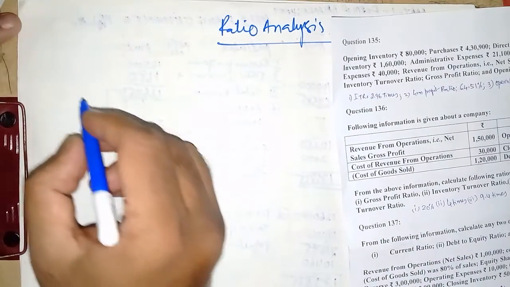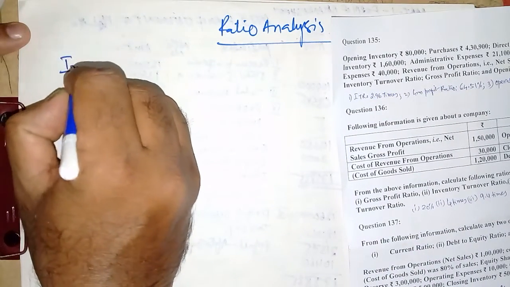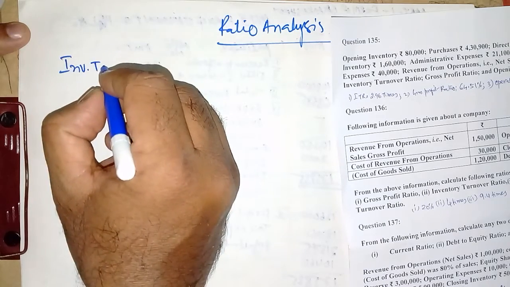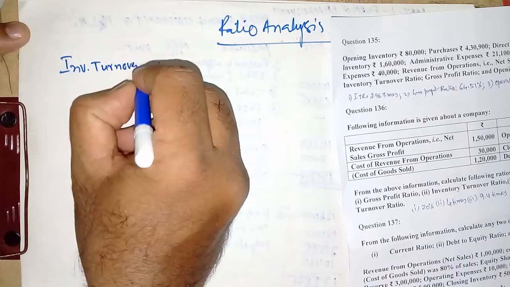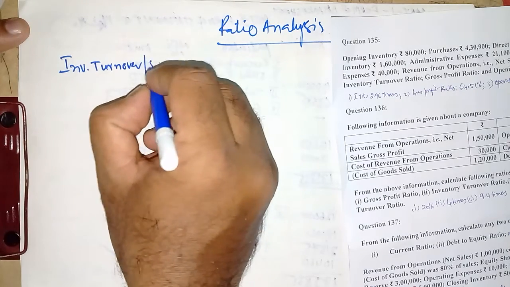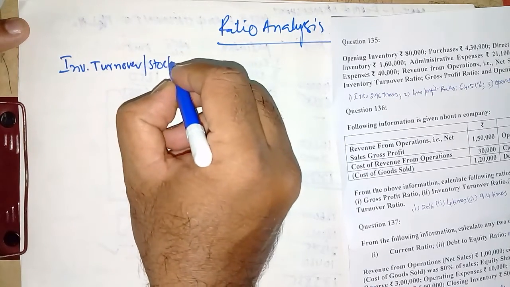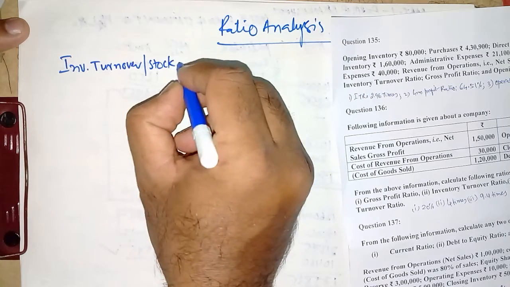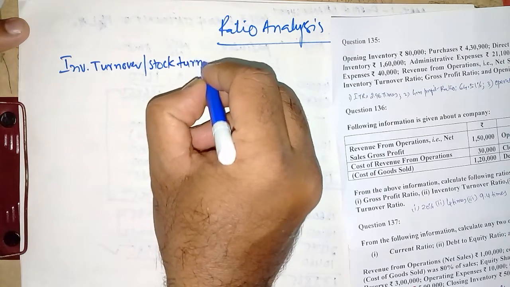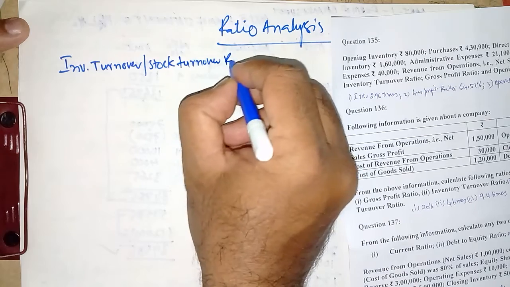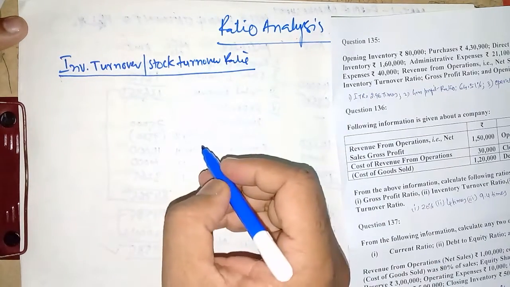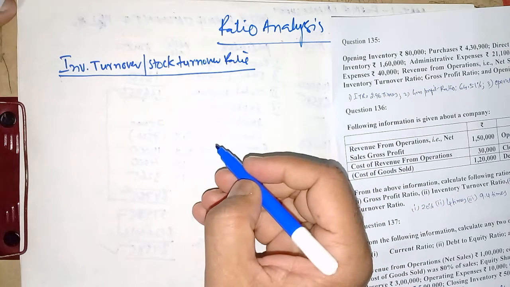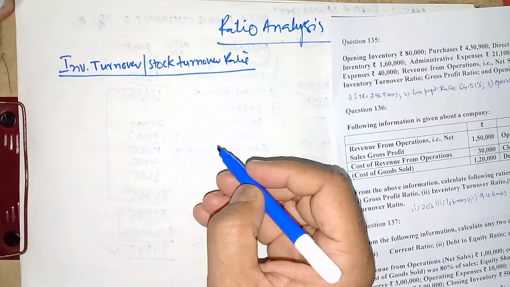So first, we need to calculate the inventory turnover ratio, or stock turnover ratio. Inventory and stock are one and the same, hence inventory turnover ratio and stock turnover ratio are one and the same.